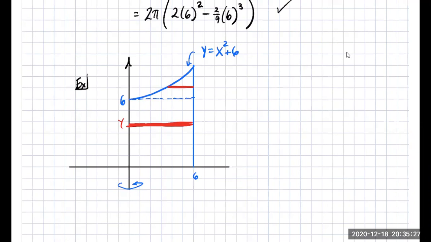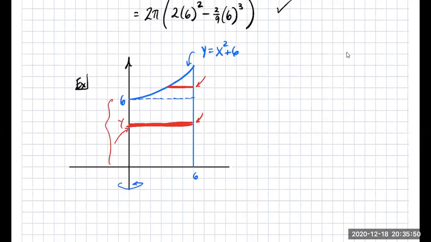Notice that the right-hand side of both rectangles touches the vertical line x equals 6. No problem there. But the left-hand side of each rectangle, getting anywhere between 0 and 6 along the y-axis, the left end of the rectangle will always touch the y-axis.